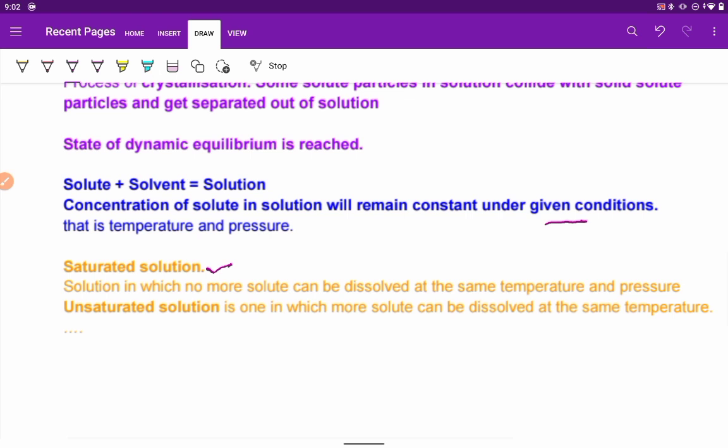If we are not changing the temperature and pressure, at that condition, when no more solute gets dissolved, we call it a saturated solution. And on the contrary, an unsaturated solution is one in which more of the solute can be dissolved at that same temperature. Then it is an unsaturated solution.